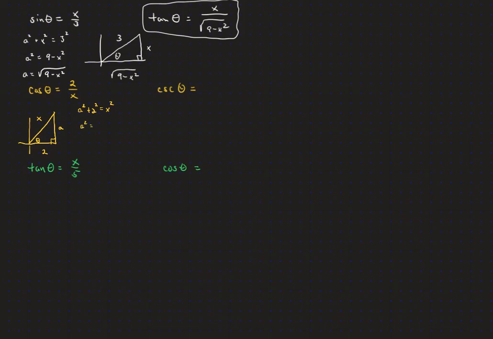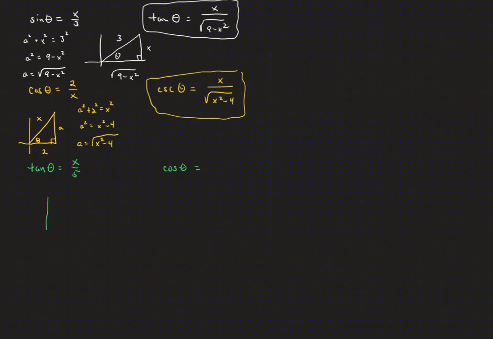So in this case, we're going to get a squared is x squared minus 4, and so the a is going to be the square root of x squared minus 4. So the cosecant is going to be the hypotenuse x over the opposite, which is that square root of x squared minus 4 that we just found.